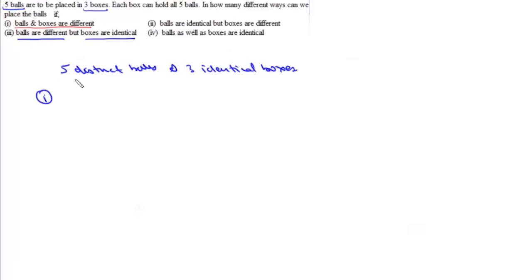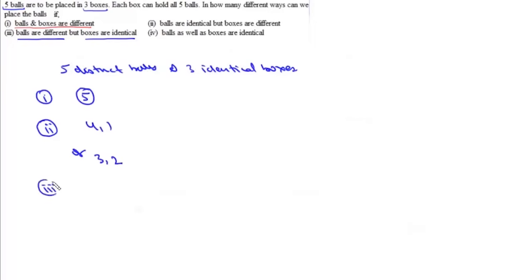Case 1, when all the 5 balls are distributed in only one box. Second case, when these 5 balls are distributed in 2 non-empty boxes, they can be distributed as either 4-1 or 3-2.